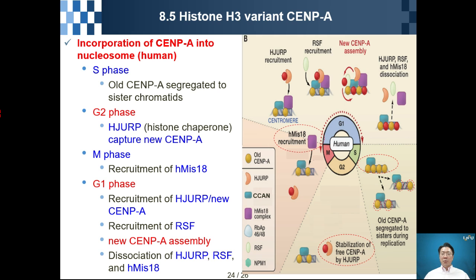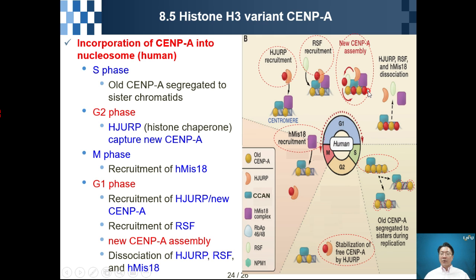First of all, during the G1 phase, the recruitment of HJURP with new CENP-A happens. Next, recruitment of the RSF protein happens. Finally, new CENP-A assembly happens, like this.